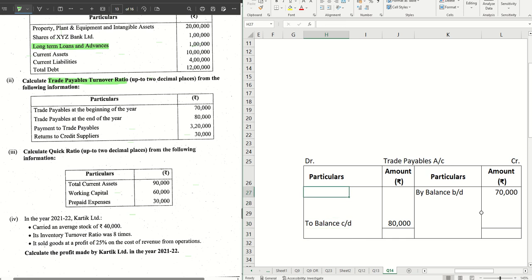Payment made to trade payables, which goes straight to the cash account, 3,20,000, and the returns to the suppliers, so returns to creditors, we have 30,000. The balancing figure is nothing but the purchases, which are the credit purchases. So that's the balancing figure that we have.